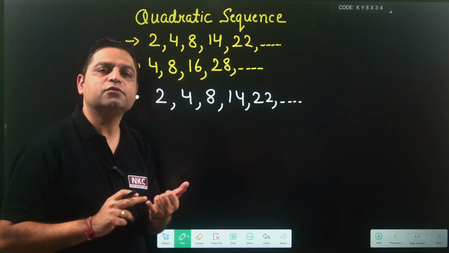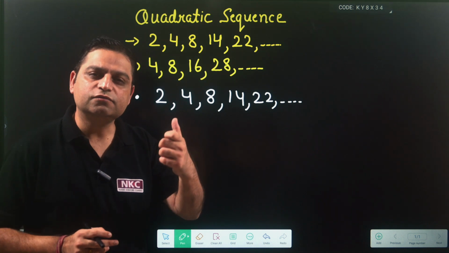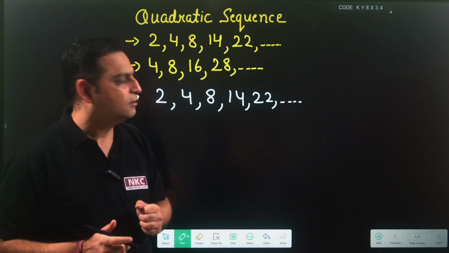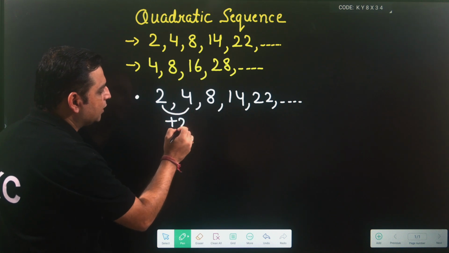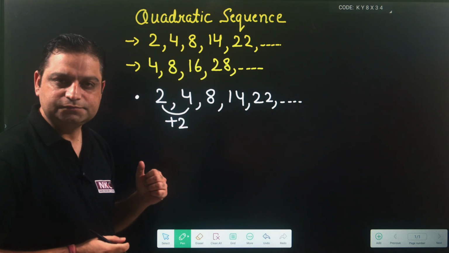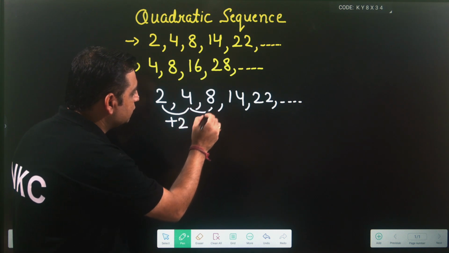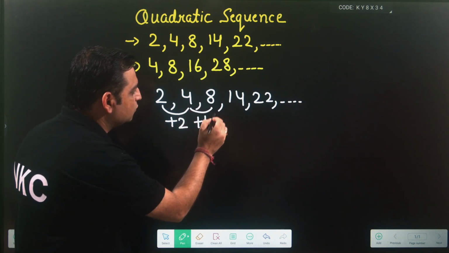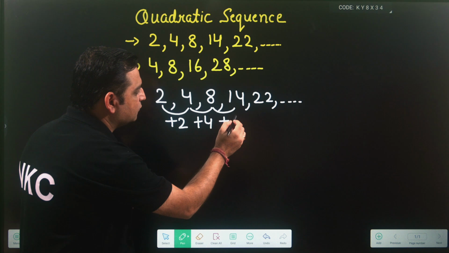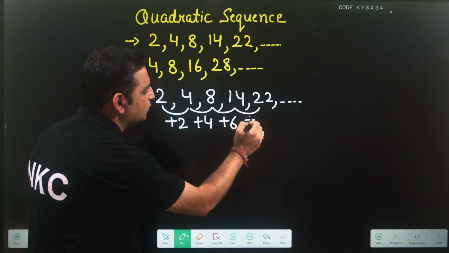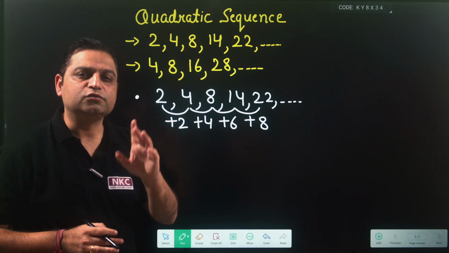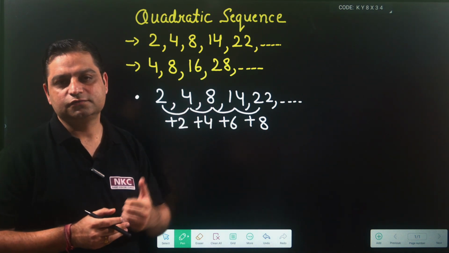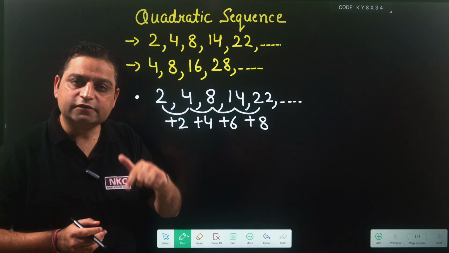So first of all we are going to learn the identification of a quadratic sequence. See, from 2 to 4 I am adding 2. Going from 4 to 8 I am adding 4, then I am adding 6, 8, right? This is the first difference I have found between the consecutive terms. Then find the second difference.